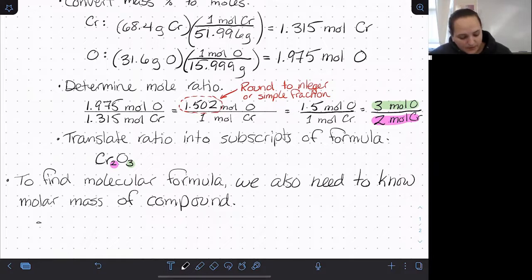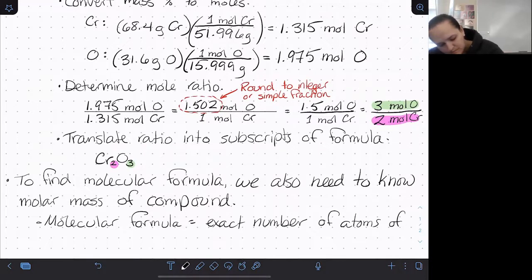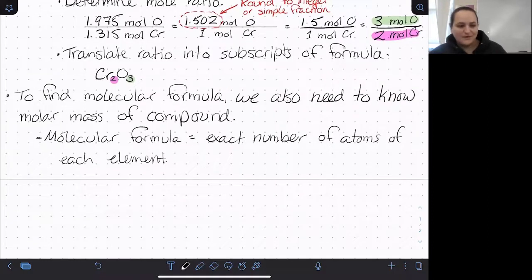Our molecular formula gives us the exact number of atoms of each element. So to figure out the molecular formula, we need to know the total mass of the thing. Just percent composition by itself can only give us the empirical formula because it only gives us the ratios. To figure out the exact total number of atoms, we need to know the total mass of the thing.